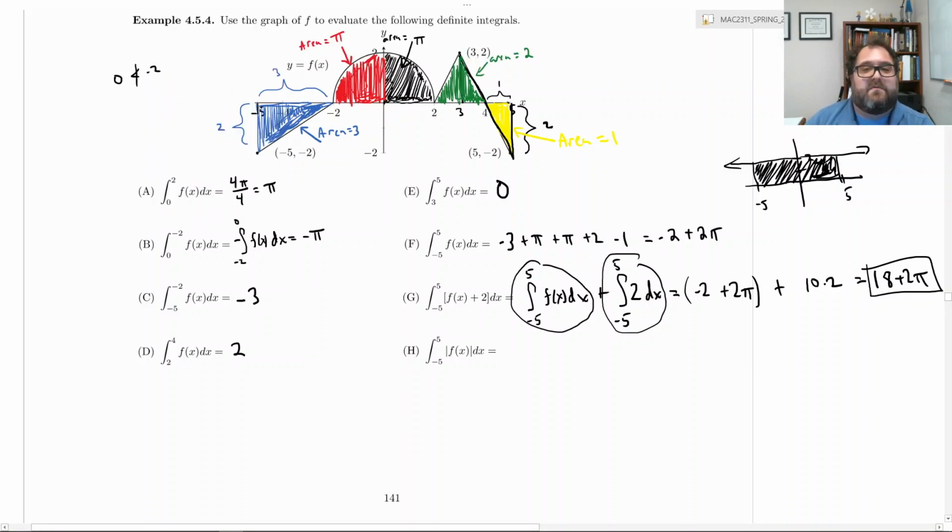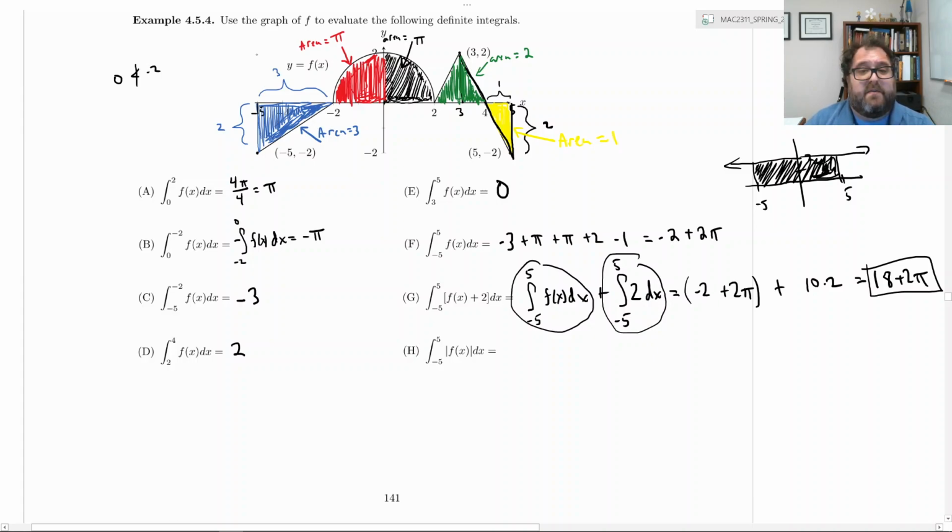What does absolute value do to a function? Absolute value, on a graph, takes anything that was below the x-axis and reflects it across the x-axis. So, for instance, this point over here, negative 5, negative 2, was originally below the x-axis.